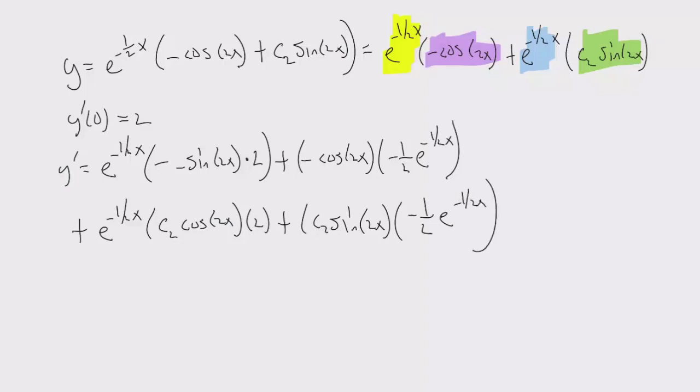Okay. And keep in mind, I'm putting 0 in for a lot of this. So some of these things are just going to become 1s and some are going to become 0s. So I can do a little bit of canceling, sort of focus on the stuff that really is going to matter at the end. Let's see. The 0s are going to be sines.